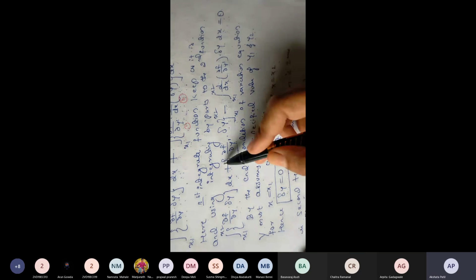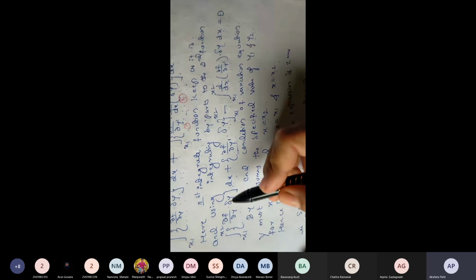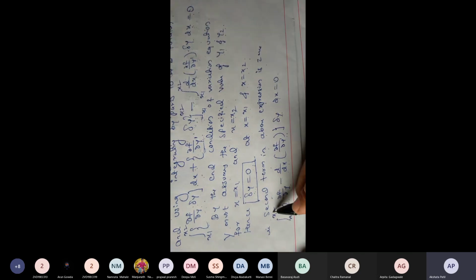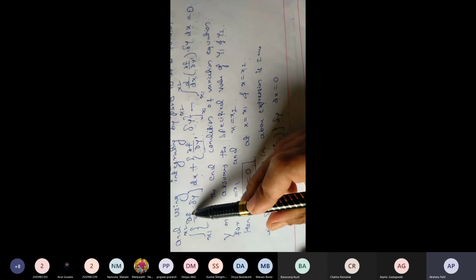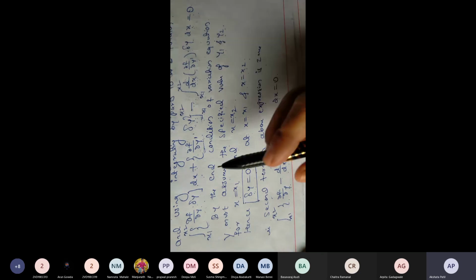Therefore the second term of the above expression becomes 0. So only the first term and the last term remain. Here we get the integration over x1 to x2 of dou f by dou y minus d by dx of dou f by dou y dash, with delta y taken common outside, into dx, which equals 0.